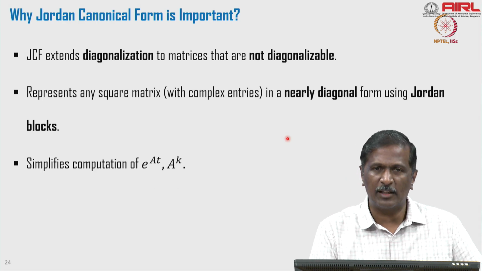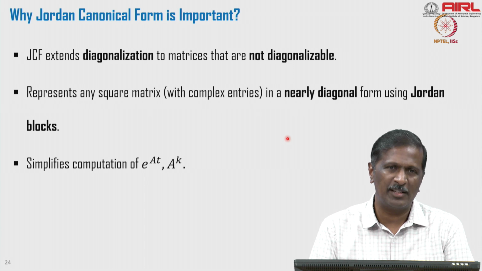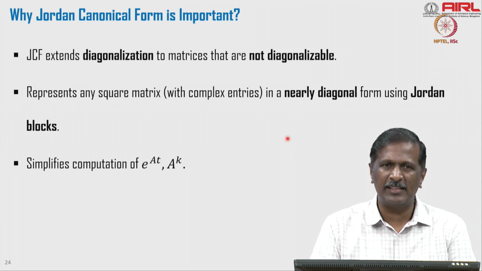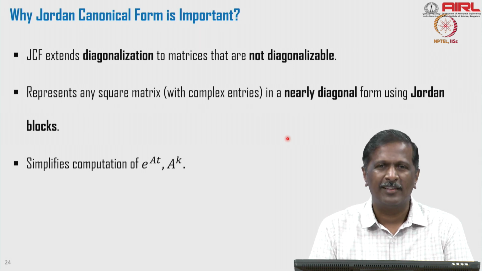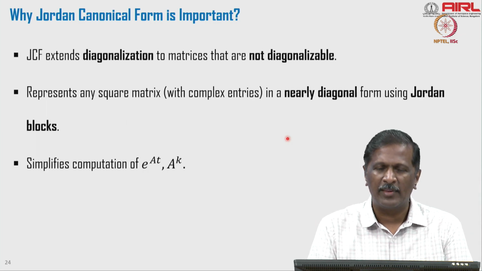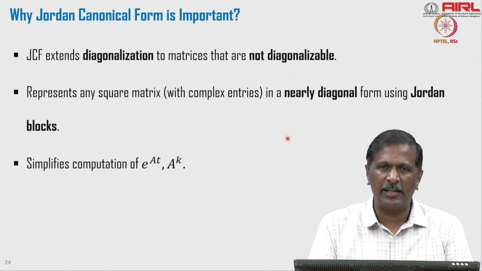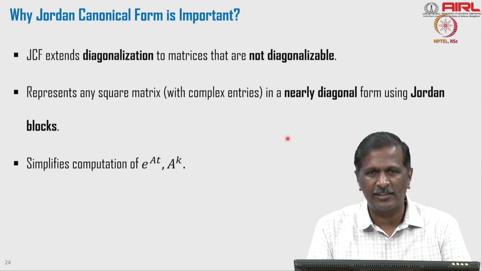It simplifies the computation. If you want to compute e power At, the state transition matrix, and if you represent A in a Jordan form, right, then you will nicely get e power p1t, e power p2t, e power p3t. The p1, p2, p3 are your pole locations straight away.